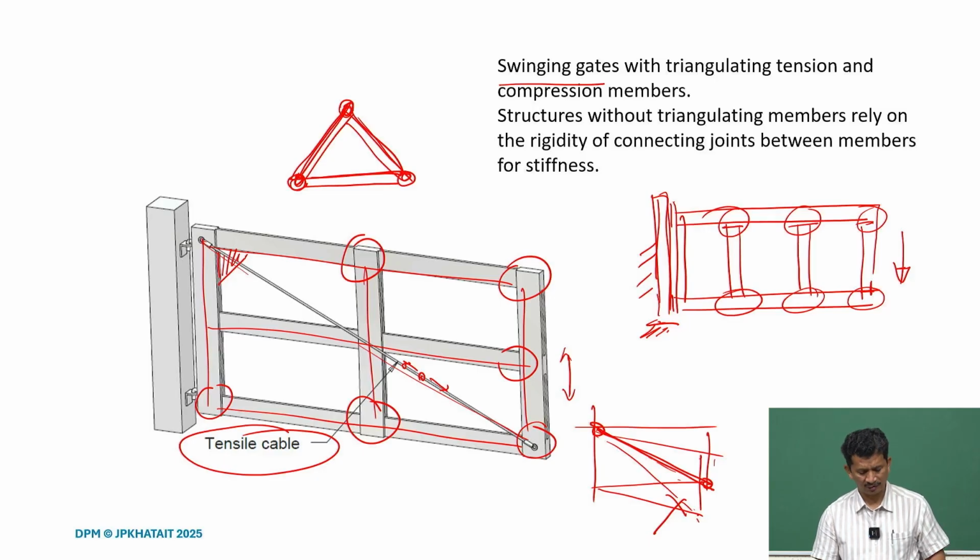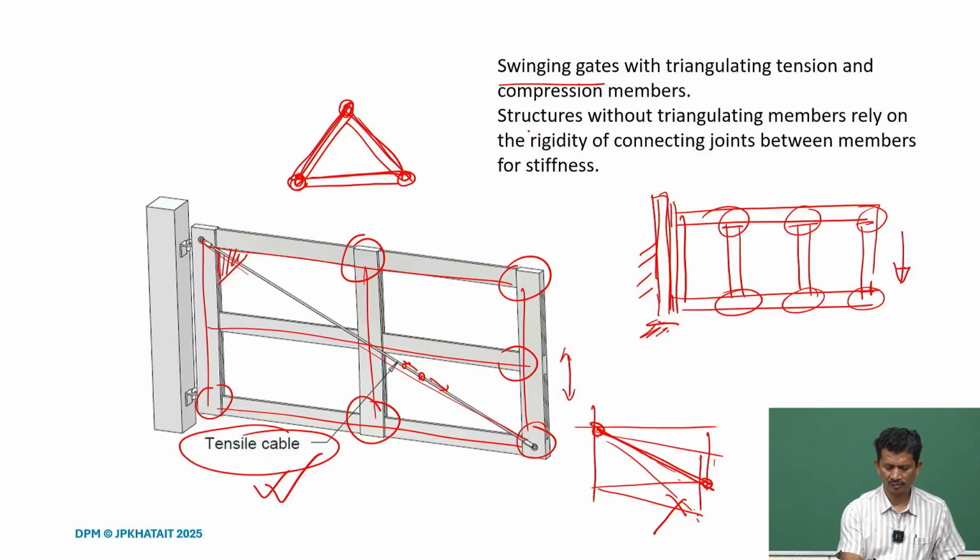But if that single element is not there, if this diagonal element is not there, even if we make these joints very stiff, after some time it will give up and we will have a problem. So, if we understand these rules, how to get the rigidity, I think it is very easy to eliminate and rectify the problem.